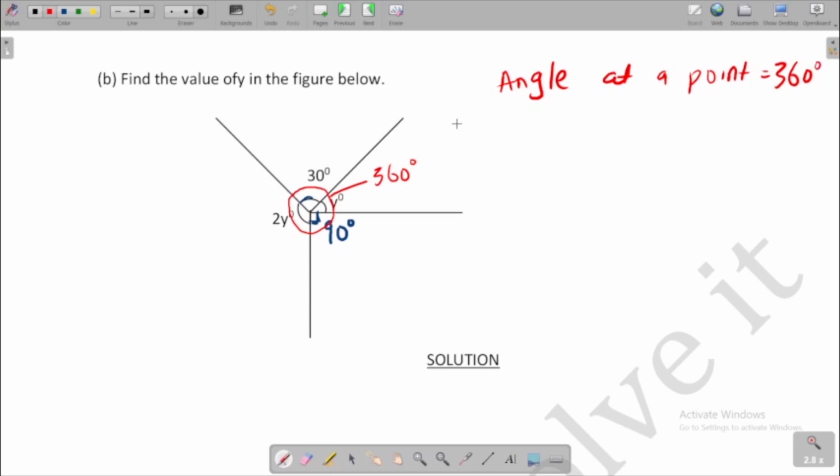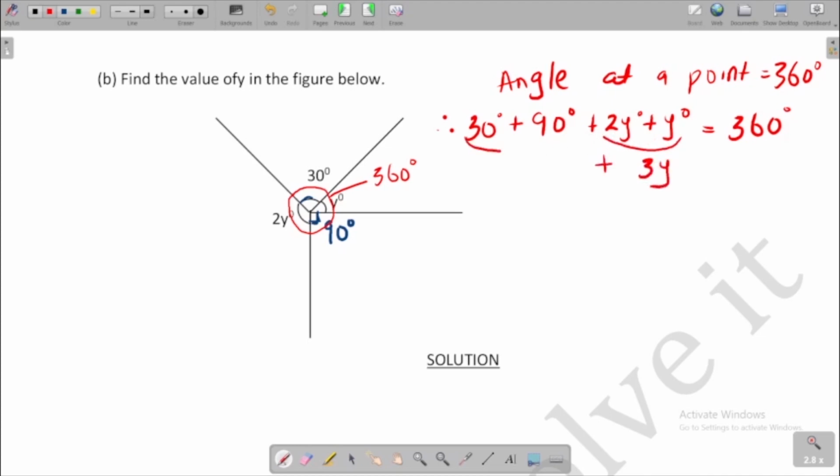Therefore, if you add all these angles together, that is 30 degrees plus 90 degrees plus 2y degrees plus y degrees, we surely have 360 degrees. If you add this and this together, you have 3y.